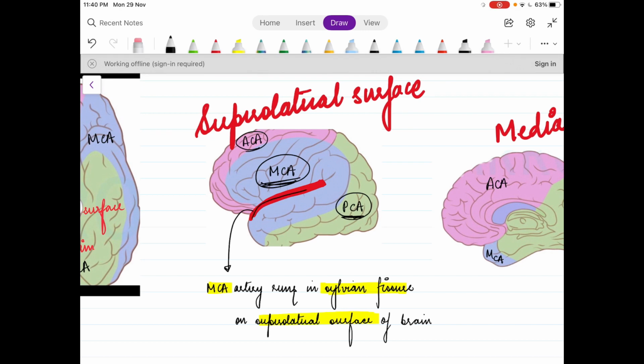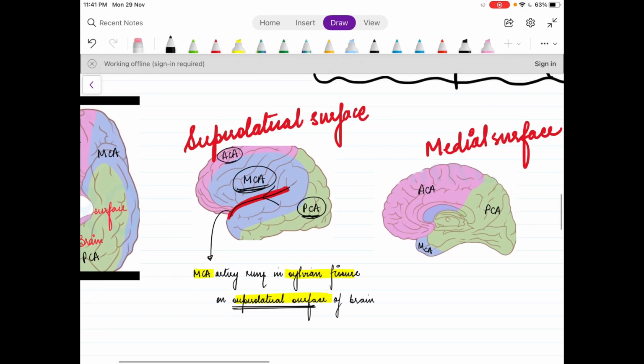The middle cerebral artery runs in the sylvian fissure and on the superolateral surface of the brain and divides into two divisions, the superior division and the inferior division. The superior division supplies the frontal and parietal parts of the brain, and the inferior division supplies the temporal part of the brain.